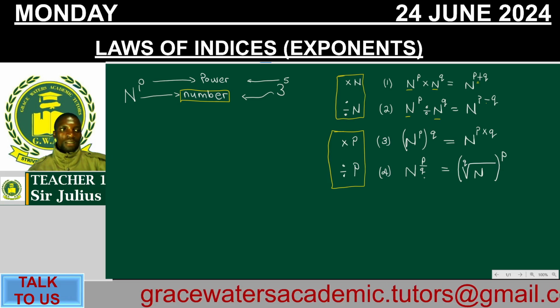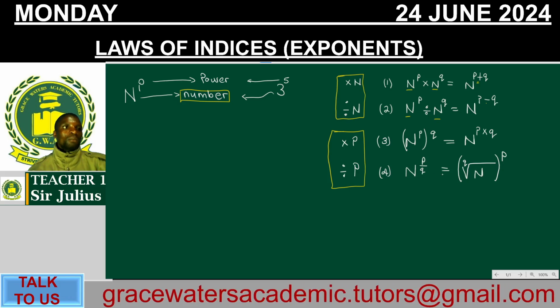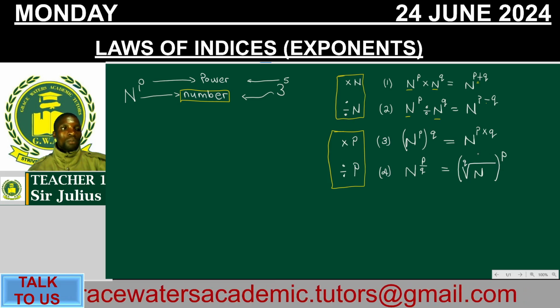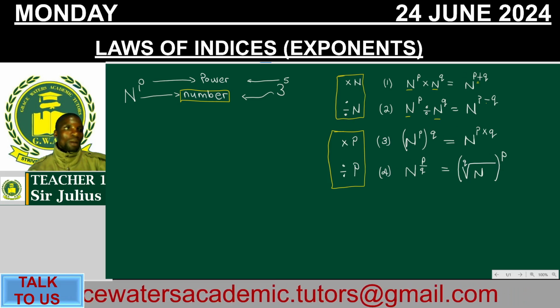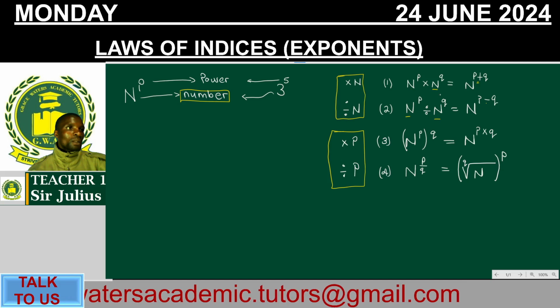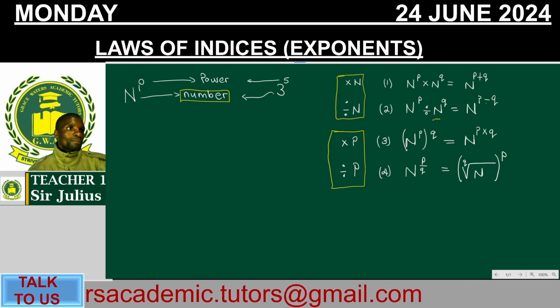When the powers are dividing one another, you introduce a square root, then the denominator becomes part of the square root, and the numerator remains the power of the square root. It's very simple, okay?